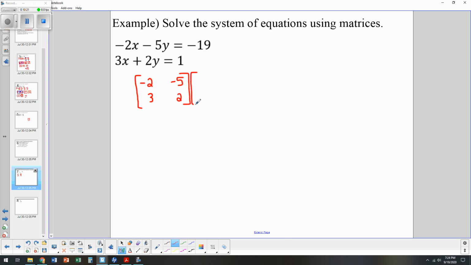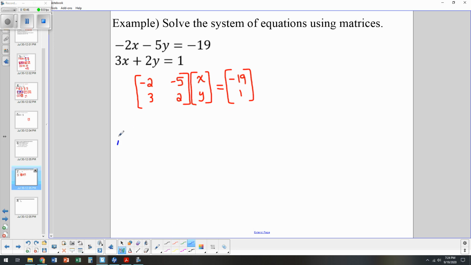My variable matrix, I was using x's and y's. So my variable matrix is x, y equals my solution matrix, negative 19 and positive 1. So now this looks just like the matrix equations we were solving. We're going to go ahead and solve it the same way we did.